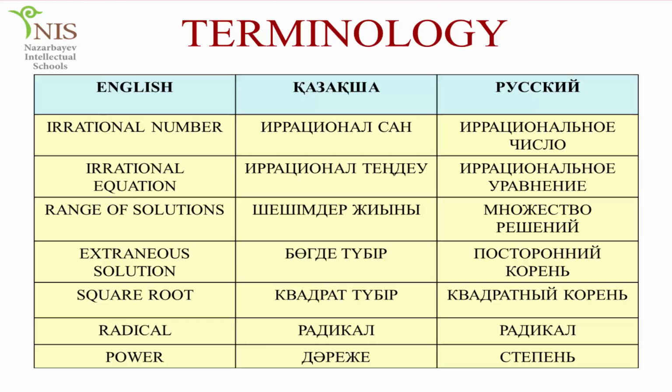I will be reading them in three languages: English, Kazakh and Russian. So the first one is irrational number, irrational san, irrational'noe chislo. Irrational equation, irrational teңdeu, irrational'noe uravnenie. Range of solutions, sheshimder zhiyny, mnozhestvo reshenii. Extraneous solution, bogde tubir, postoronnii koren'. Square root, kvadrat tubir, kvadratnyi koren'. Radical, radikal, radikal. Power, dәrezhe, stepen'.